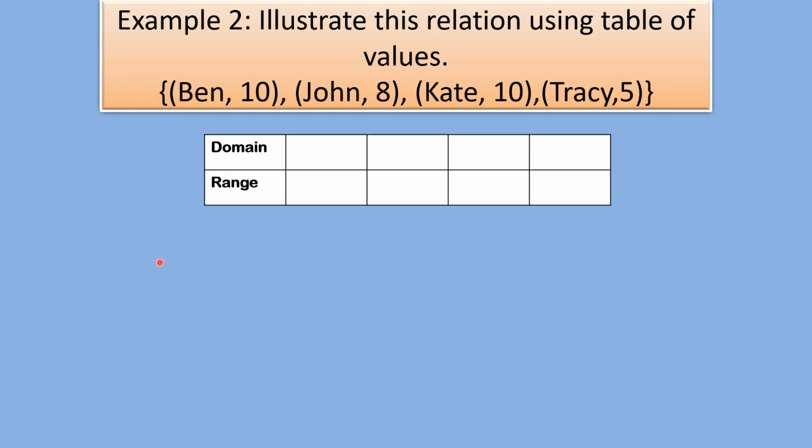So, if ito si Ben, wait lang, magsusulat ako. If ito si Ben, ayan, yung sa baba would be 10. This is just basic. Magre-rely lang naman kayo dito sa mismong given na relation natin. Then, if this is John, syempre dapat isusulat yung lahat. And of course, yung sa baba niya would be 8. Next, Kate.